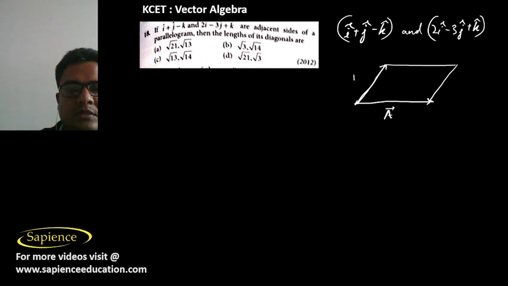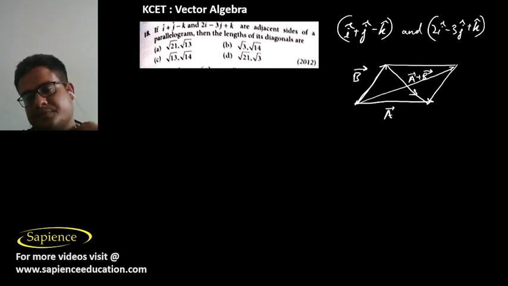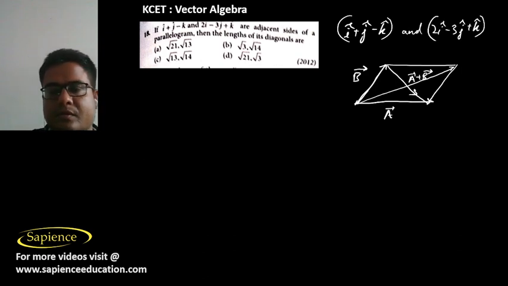Let's suppose this is A, this is B. The lengths of its two diagonals: one of the diagonals is A plus B, and the other diagonal is B minus A.